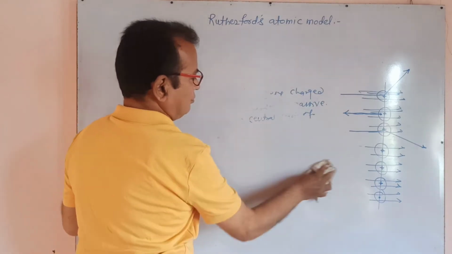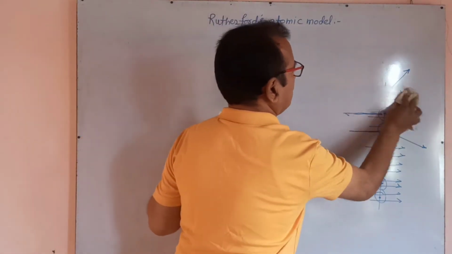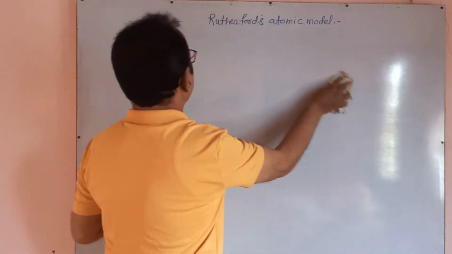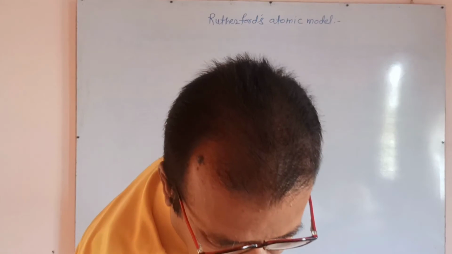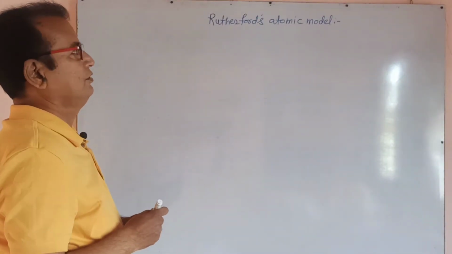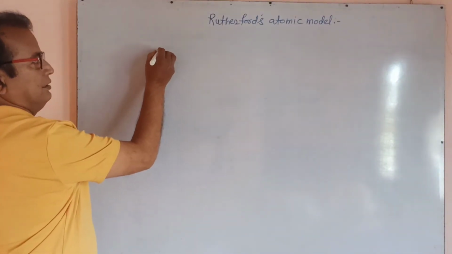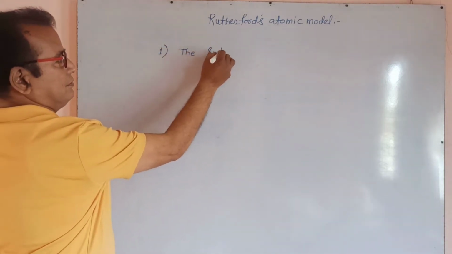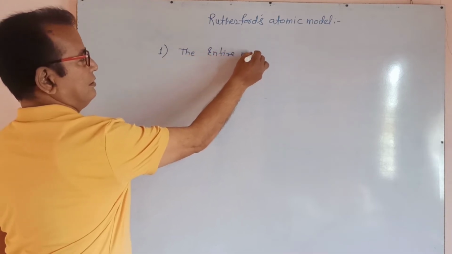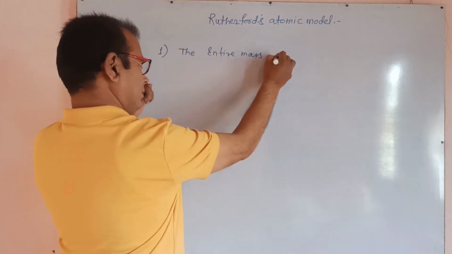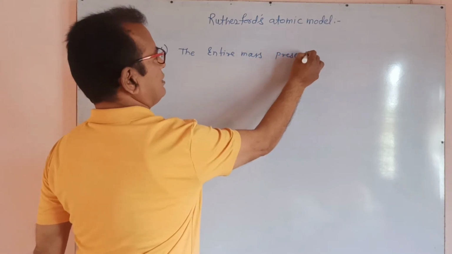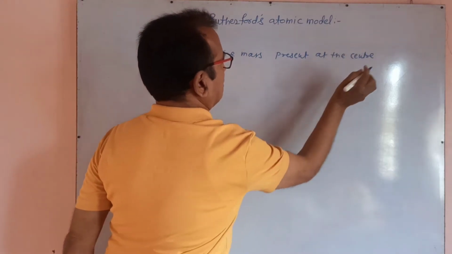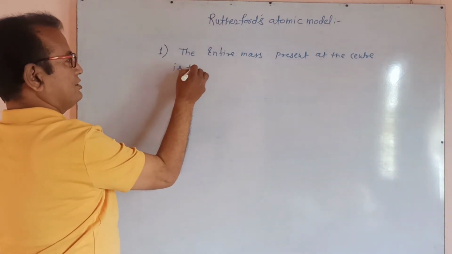Rutherford gives an idea about the nuclear model of an atom. The first point is that the entire mass present at the center is positively charged.